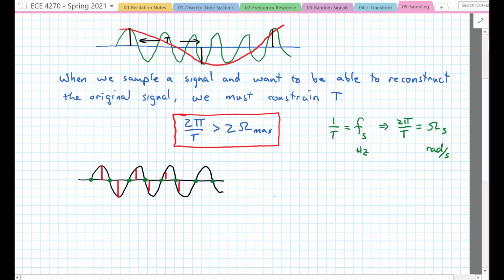We often illustrate this graphically, and we're going to see these triangle plots all the time, because it's just a nice way to visualize what's going on. And so in this case, we're looking at frequency on the x-axis.